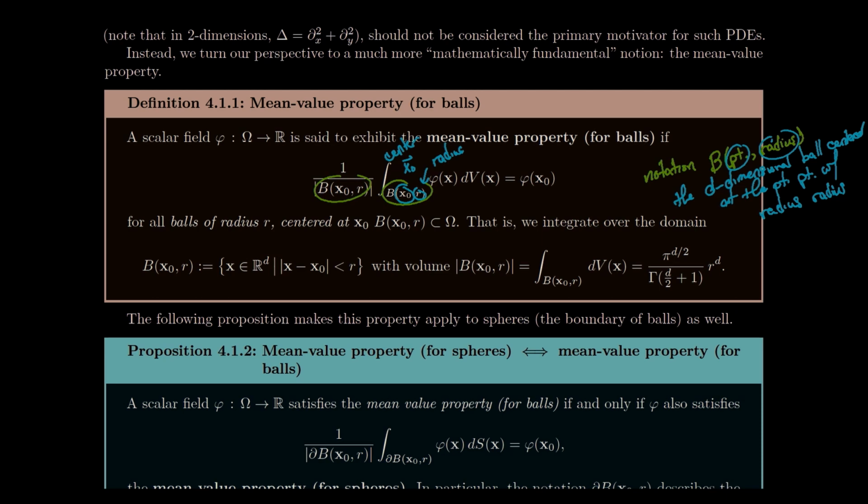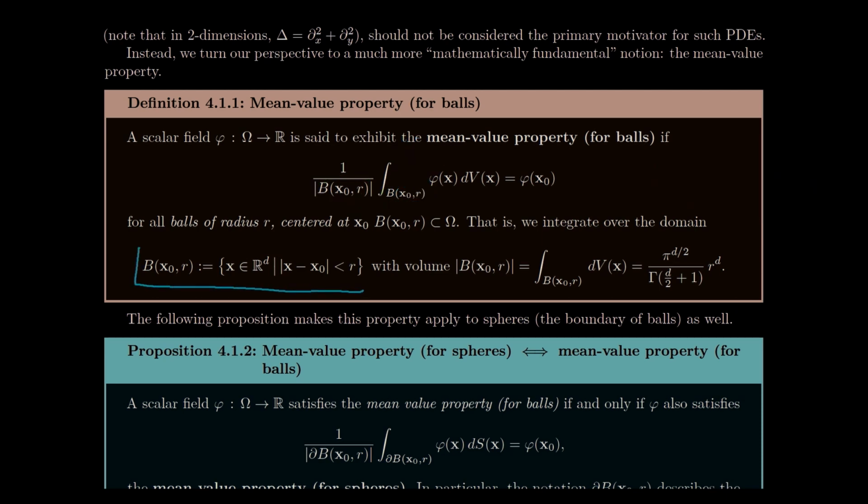We can write this down in our domain notation, or the notation with omega that you've all been getting very used to. The ball centered at x0 of radius r is simply all of the points in d-dimensional space where, if you look at the distance from the center, the distance from the center is strictly less than r. That's the definition of a ball. And there's a very special difference between the definition of a ball and a sphere.